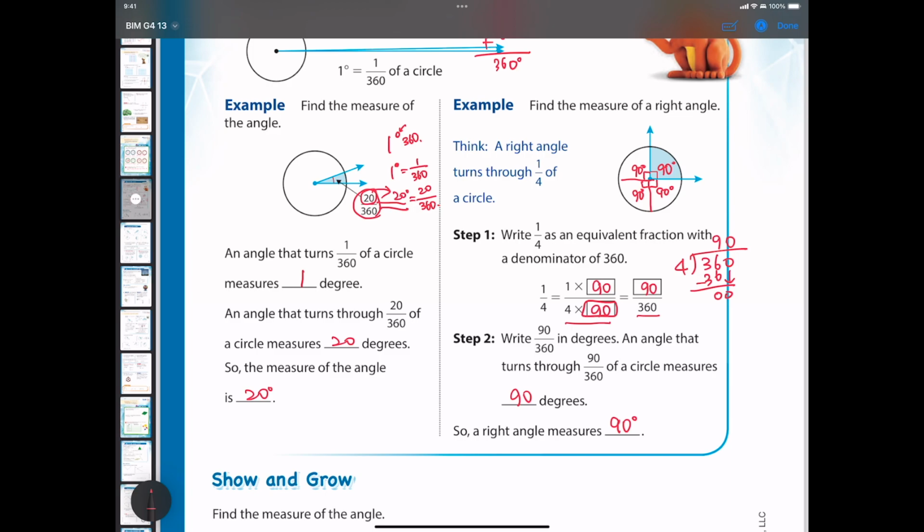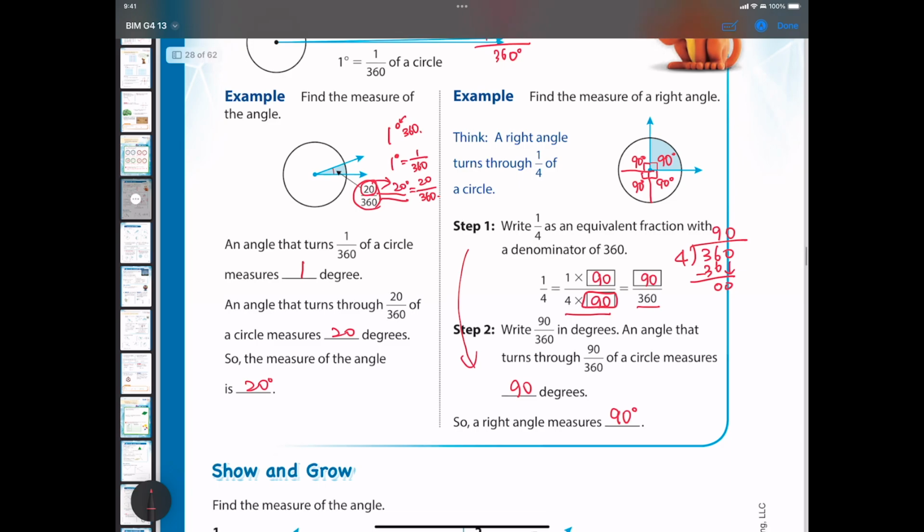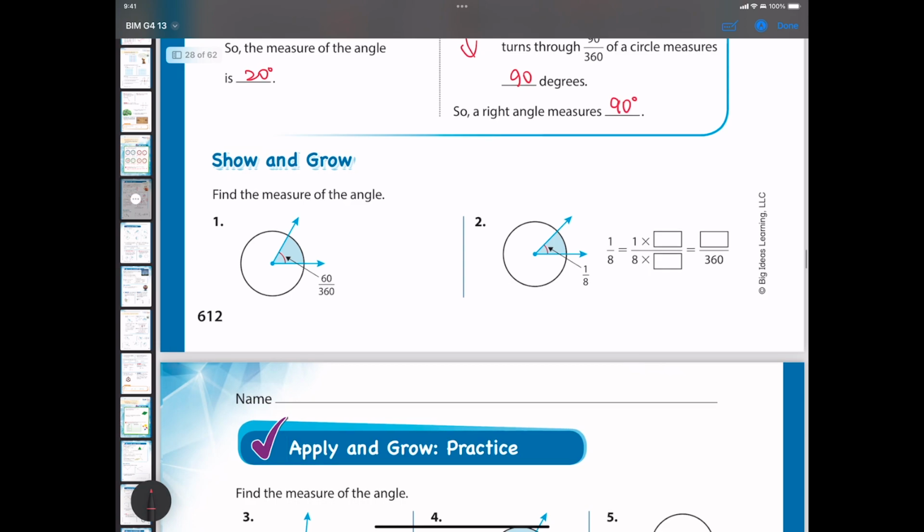But we don't have to go through these steps, because we know the right angle is 90 degrees already. All right, number 1, find the measure of the angle. 60 over 360, which means 60 degrees, 60 out of this circle.